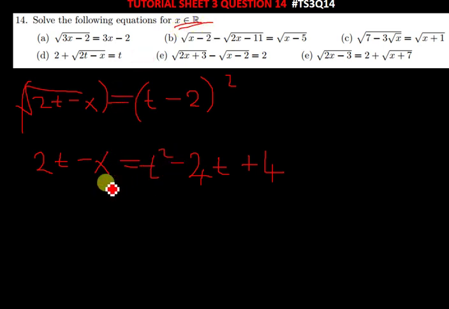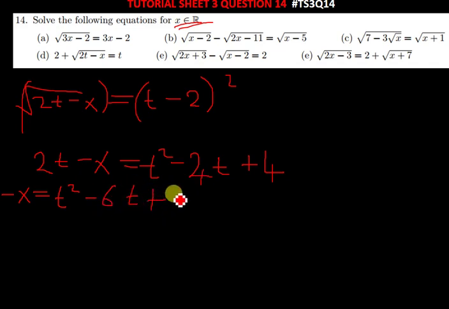You are going to have this 2t go to the other side of the equal sign, so you remain with negative x this side. Then you are going to have t squared minus 4t, and when you take this negative 2t to the other side of the equal sign, you get negative 6t, and then plus 4.